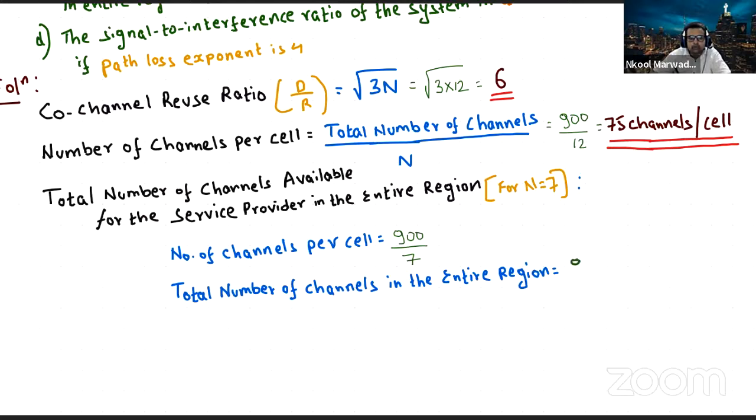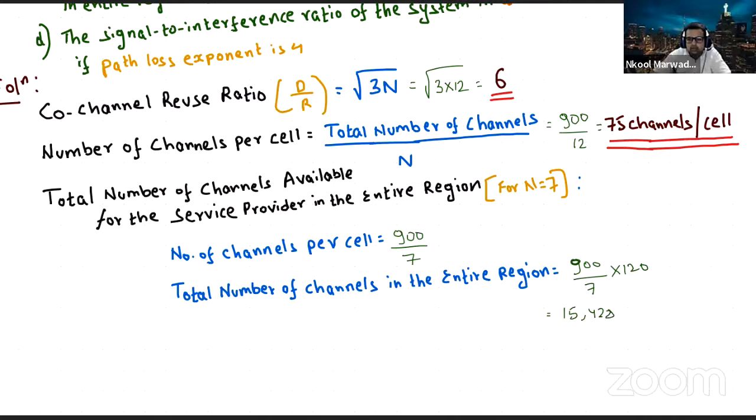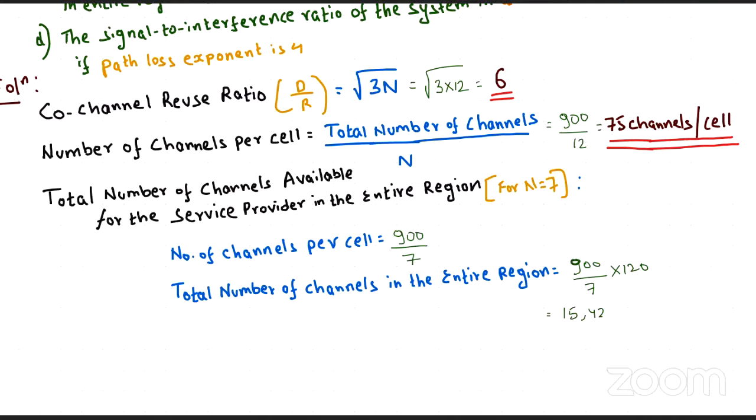So what will it be? 15,428.57. And what will be the rounded off answer? 15,429.